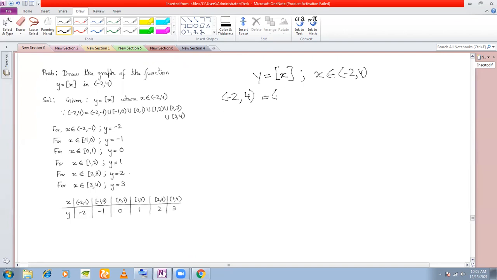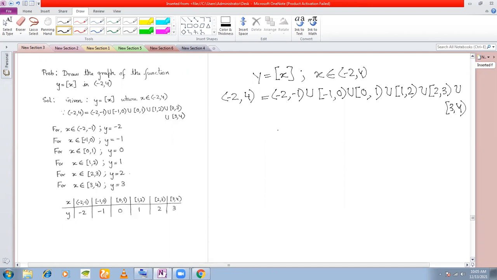What are the intervals? I can take between minus 2 and minus 1, between minus 1 and 0, between 0 inclusive and 1 semi-open interval, between 1 inclusive and 2, between 2 inclusive and 3, and finally between 3 inclusive and 4 not inclusive. These are the intervals.